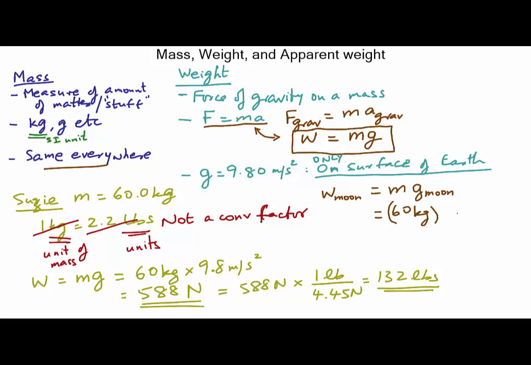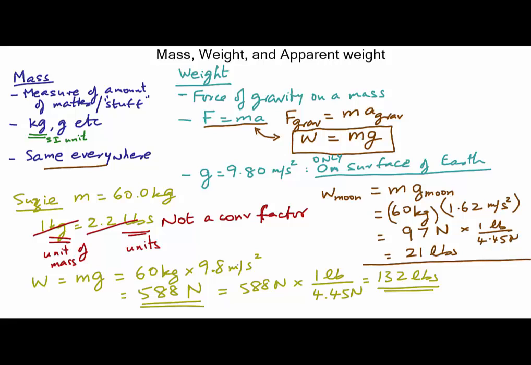And the acceleration due to gravity on the surface of the moon we know is 1.62 meters per second squared. And when you multiply that, you get a weight of 97 Newton. And now I can convert this into pounds using this conversion factor, and I would get a weight of 21 pounds. And now you can see that the conversion factor of 2.2 pounds for every kilogram obviously does not work.